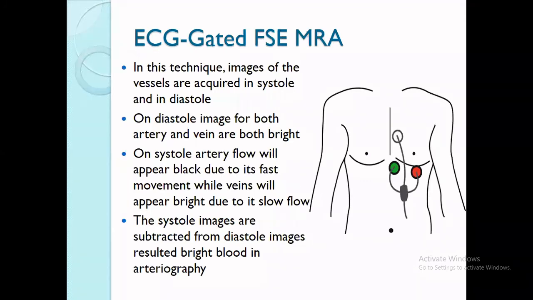Okay, now we will move toward our last one and the most important, the ECG-Gated fast spin echo MRA. As you know, ECG is electrocardiography. Electrocardiography is that you are using the leads and you can measure certain changes or particular phenomena that are happening.